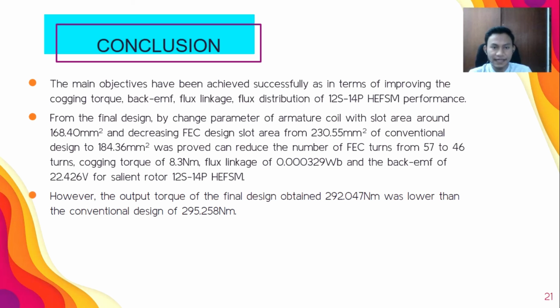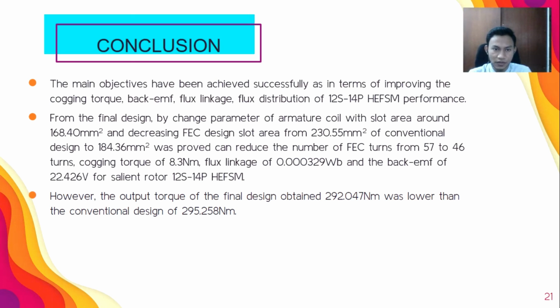From the final design, changing the perimeter of the armature with the slot area around 168.40 square millimeter and decreasing the FEC slot area from 230.55 square millimeter of the conventional design to 184.36 of the final design was proved to reduce the number of FEC turns from 57 to 46 turns.